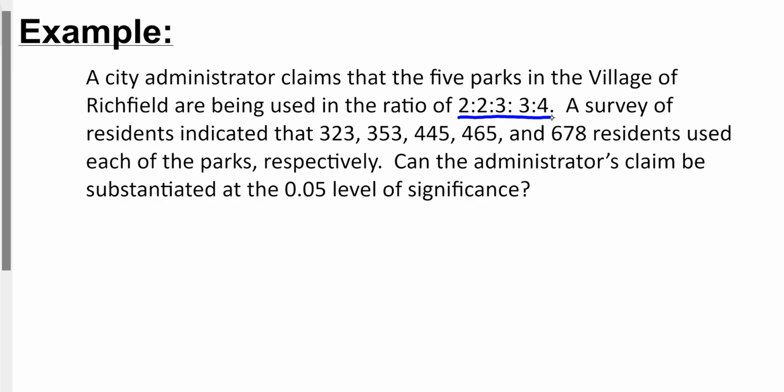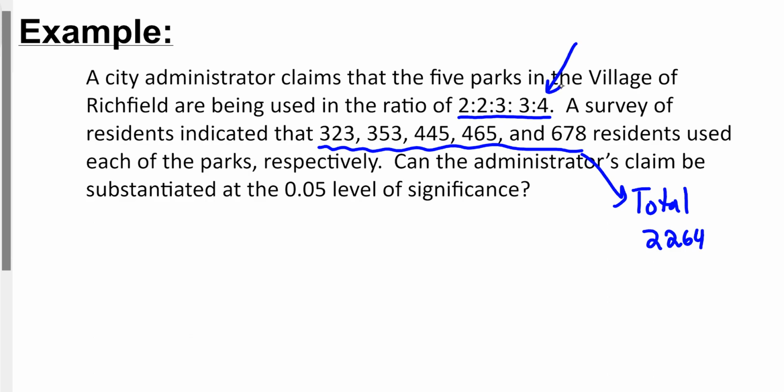And if we know, I did add them up, the total number of residents for all of that should be 2264. So what you can do, if you add all those up, 3 plus 3 plus 2 plus 2 plus 4, that's out of 14. To find the individual expected counts, we have our observed and our expected.